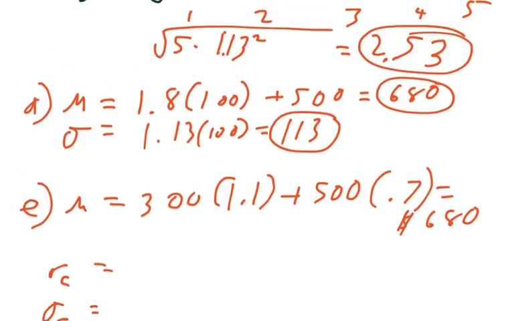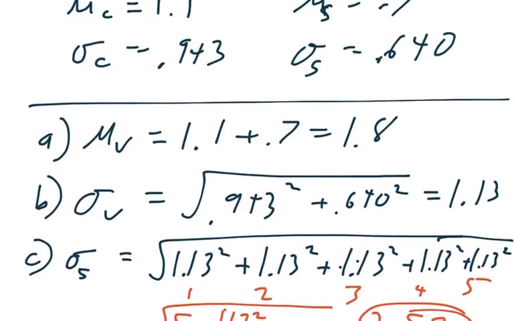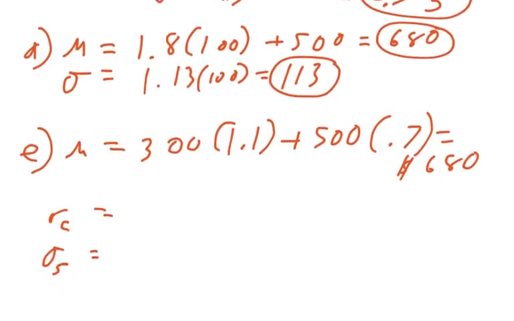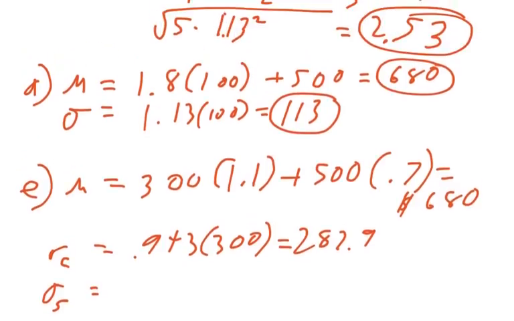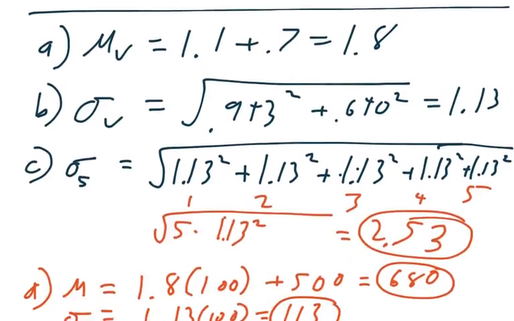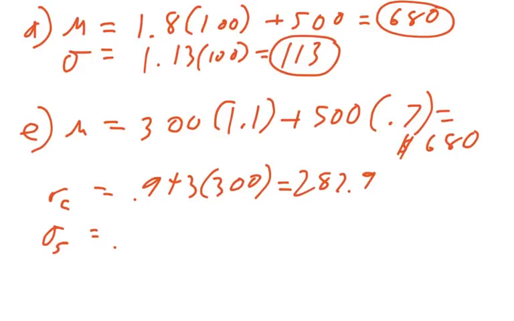So for the car, it used to be 0.943, but she's making $300 per car, which means this would be 282.9, and the standard deviation for the SUVs was 0.640 times 500, which is 320.